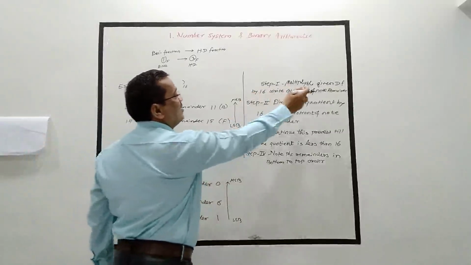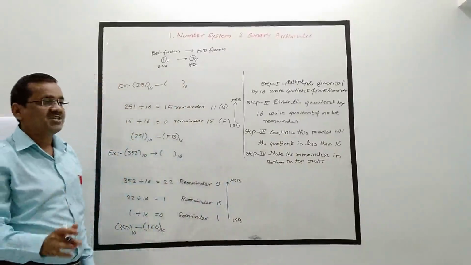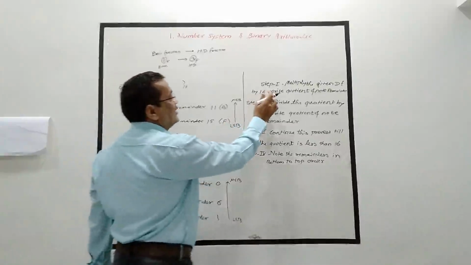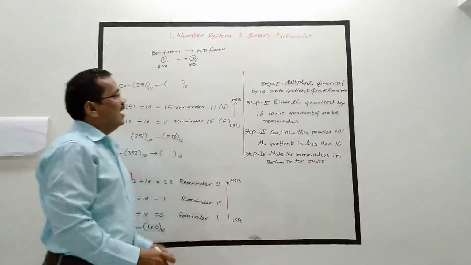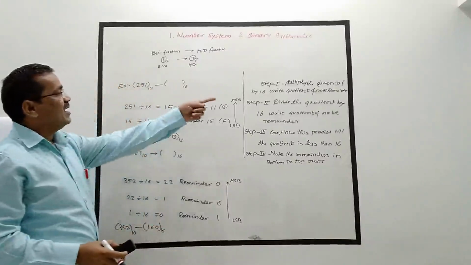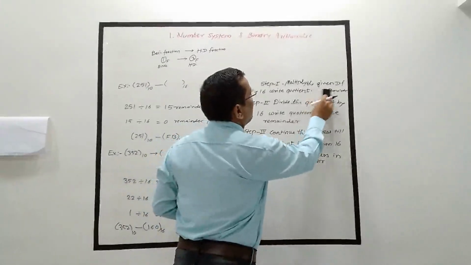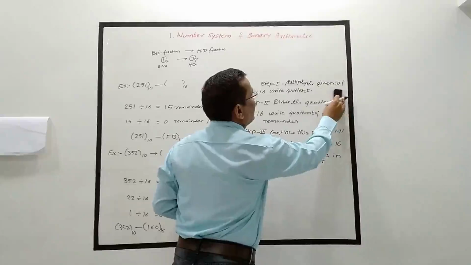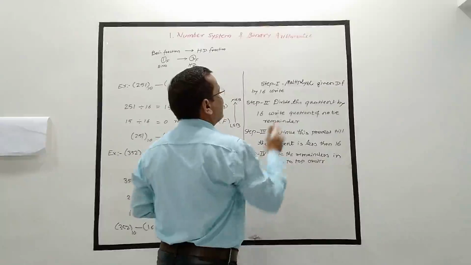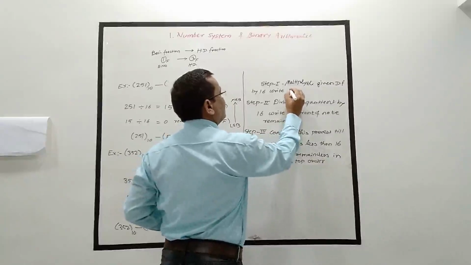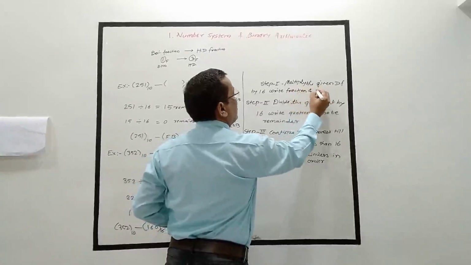Only here, instead of divide, we have to multiply it by 16. By multiplying by 16, we have to note the carry and fraction. Write the fraction and note the carry.